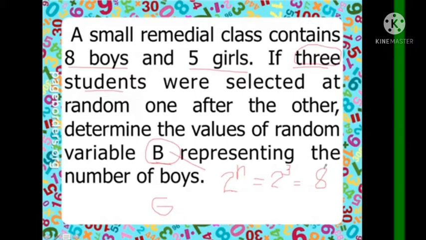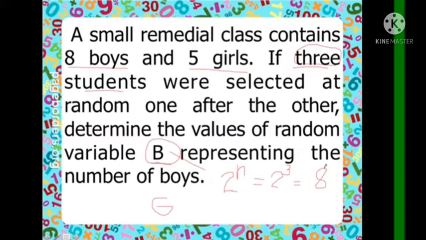But the question there is, what are the possible values for this random variable? So let's say that dun sa una nating bubunutin, no, kung nandyan sa isang box yung pangalan or yung gender ng ating mga remedial class students, may 8 boys at 5 girls. So, pipili tayo ng 3. Bubunot tayo ng 3.